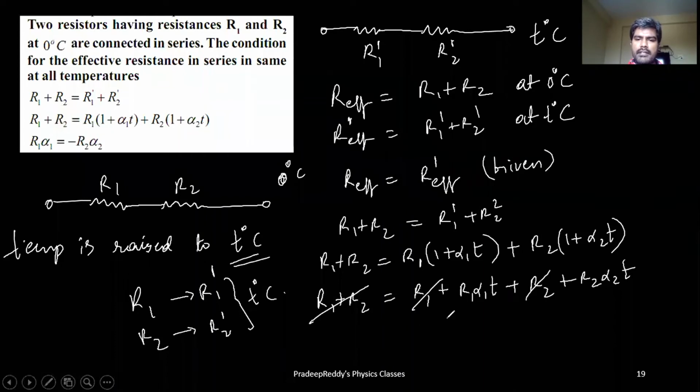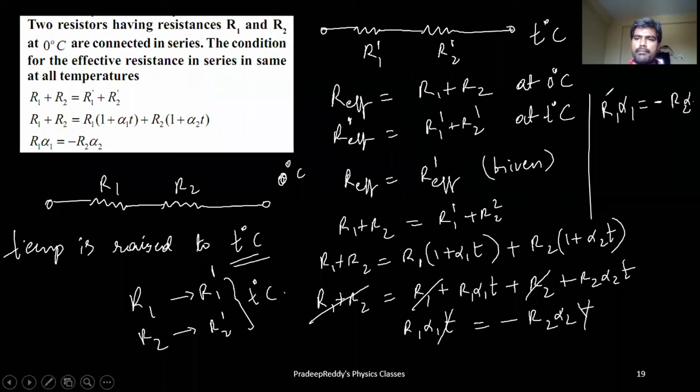What is left over here? Temperature is also the same. So it is R1 alpha 1 T is equal to minus R2 alpha 2 into T. This T and T get cancelled. Therefore, finally you can write R1 alpha 1 is equal to minus of R2 alpha 2.